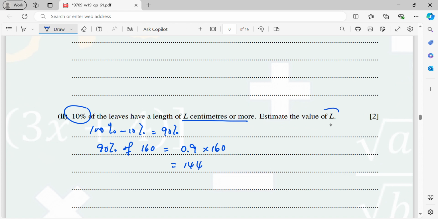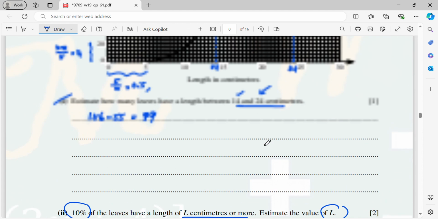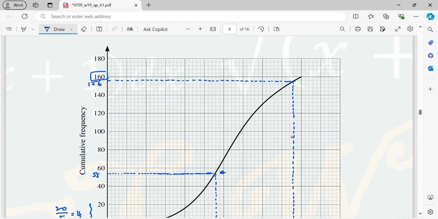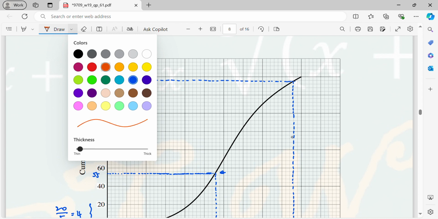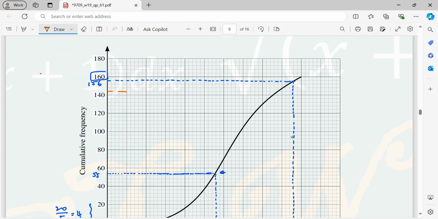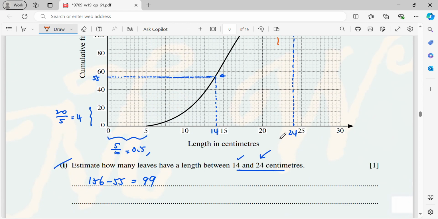All right, now I need to find what is the L. So now you check 144. 144 is basically here. Then this is the number of leaves. Now this is the length.